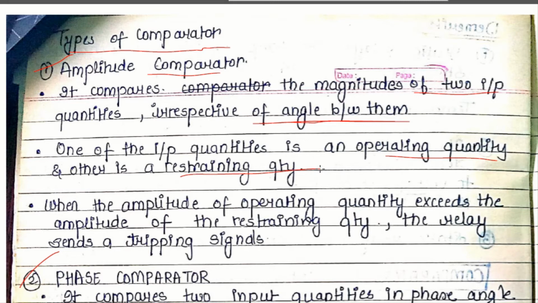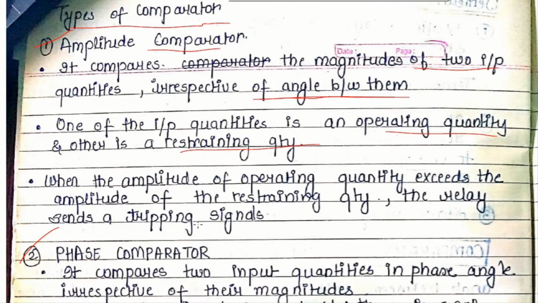You can say the measured quantity and the predetermined quantity. Whenever the amplitude of the operating quantity exceeds the amplitude of the restraining quantity, the relay will send a tripping signal. In the same way, here the names are different. We can say the measured quantity and the predetermined quantity also.